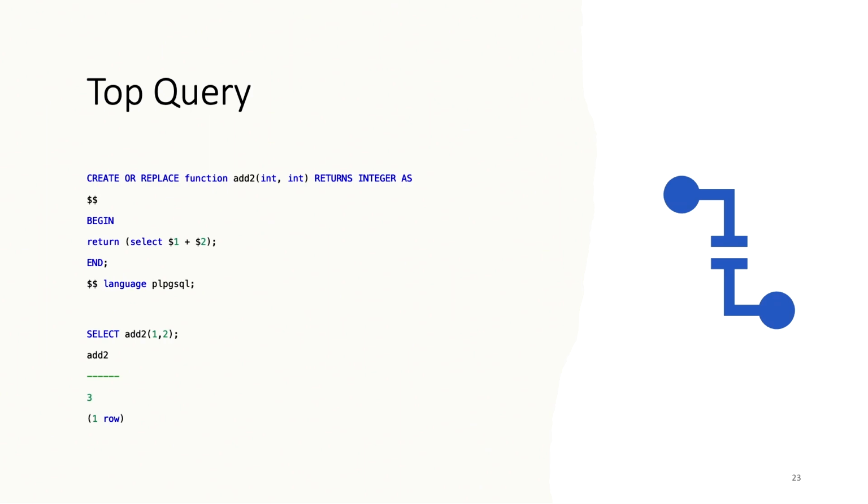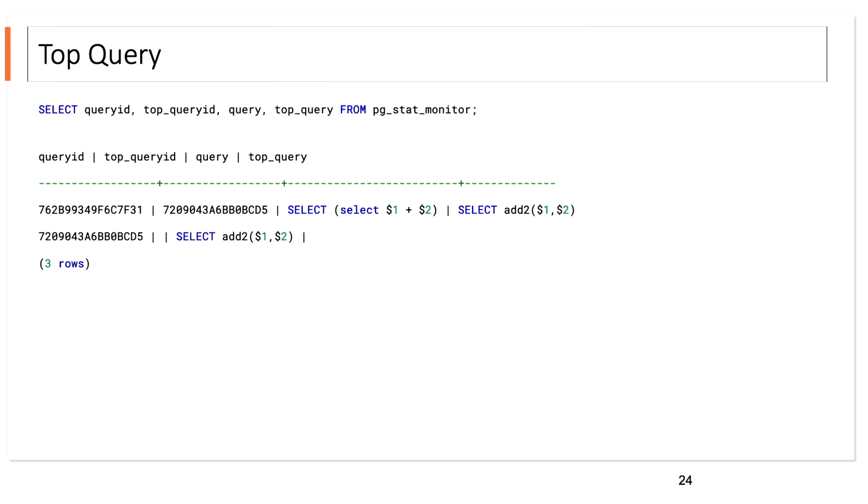It doesn't matter whether it's within the procedure or outside. In pg_stat_monitor we have the information that this select $1 and $2 has its top query as the call. It will show you the container of that query too.